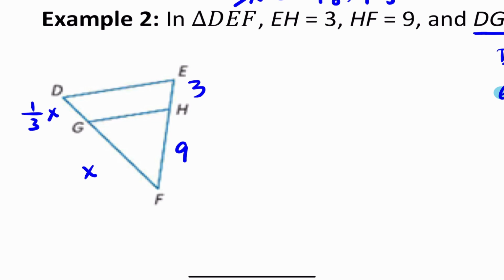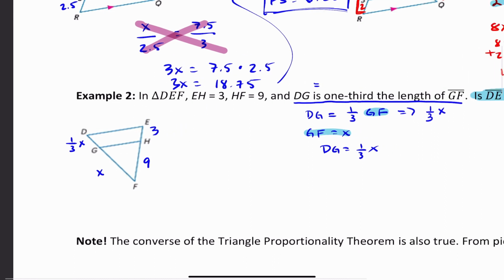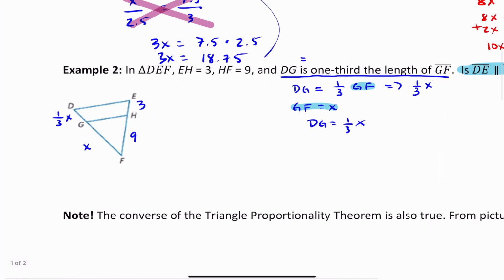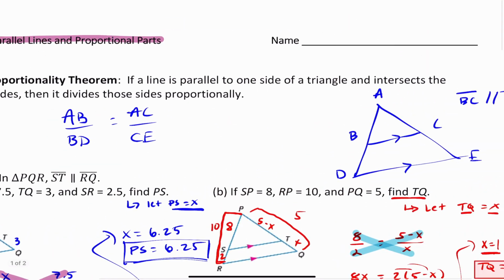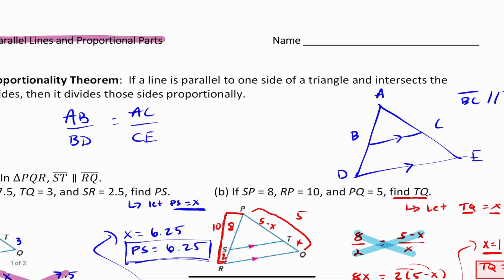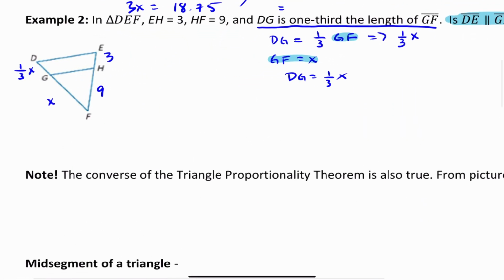We are trying to figure out if these segments are parallel by using the triangle proportionality theorem converse, okay? So again, in this figure here, we don't have parallel segments to begin with, but over here, we do. We are given the parallel segments, and we are able to work with creating the setup for this one, okay?